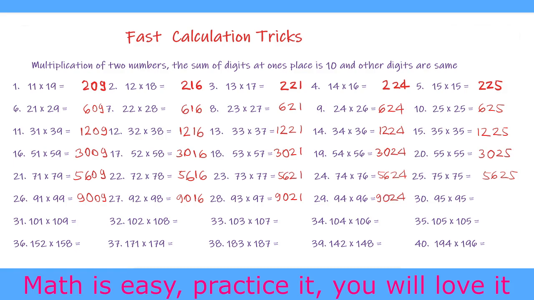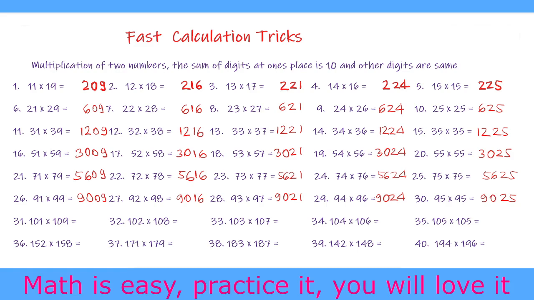So our answer for 94 multiplied by 96 is 9024. And 95 multiplied by 95: 5 multiplied by 5 is 25 and 9 multiplied by 10 is 90. So 9025.